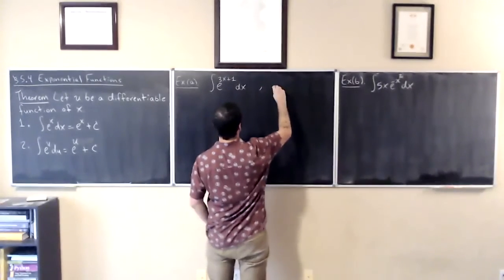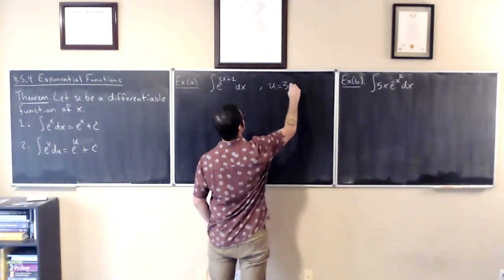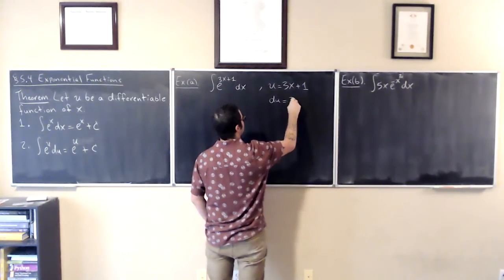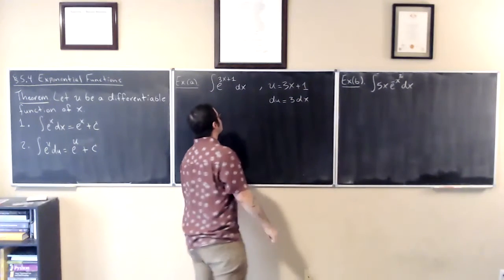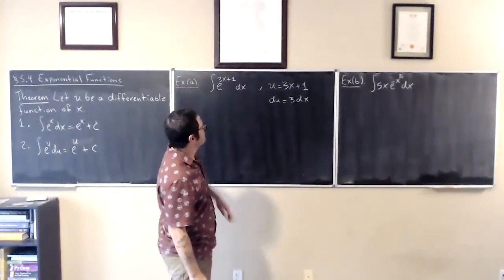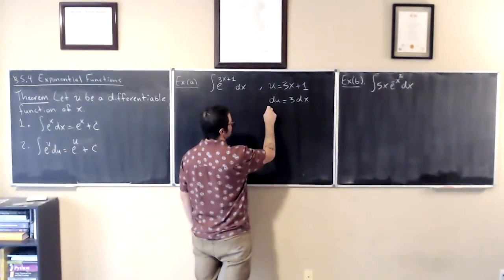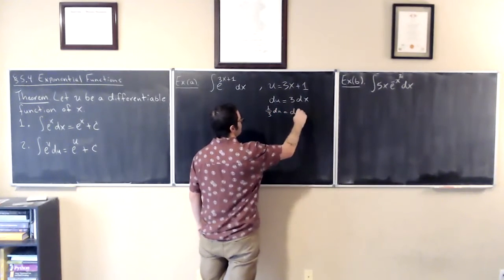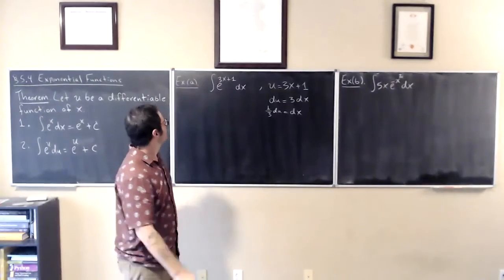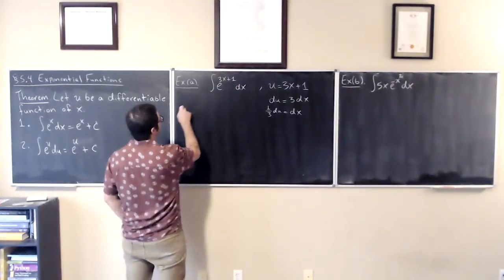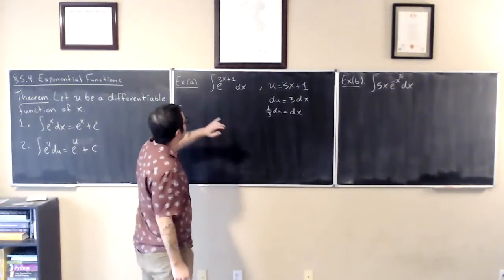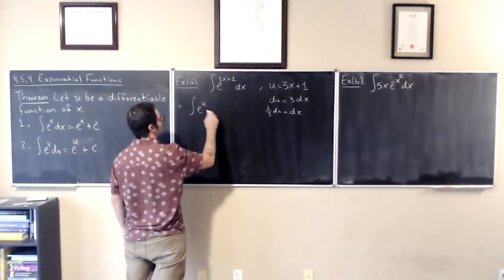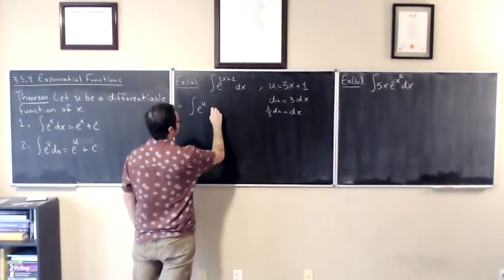So if u is equal to 3x plus 1, then du is equal to 3dx. And I don't see any 3dx up there. So if I divide by 3, I get 1/3 of du is equal to dx. So then this integral becomes, well, I replace this by u, and then dx by 1/3 of du.